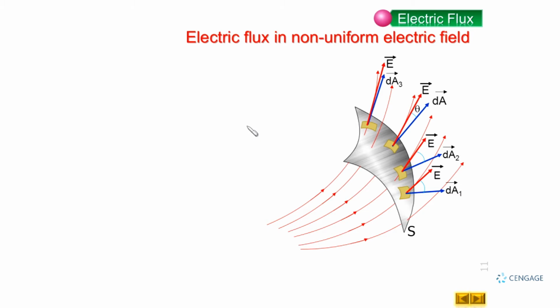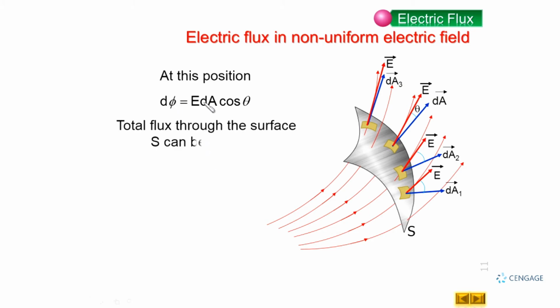So here we can define the flux for this element d phi equal to E dA cos theta, and for the total flux, what we do in the method of integration, we integrate over the limit. So here we integrate over the surface. So here we can write phi equal to integration of d phi. So we need to place the integral sign on both sides like this. So this will define the total flux through this surface, correct?